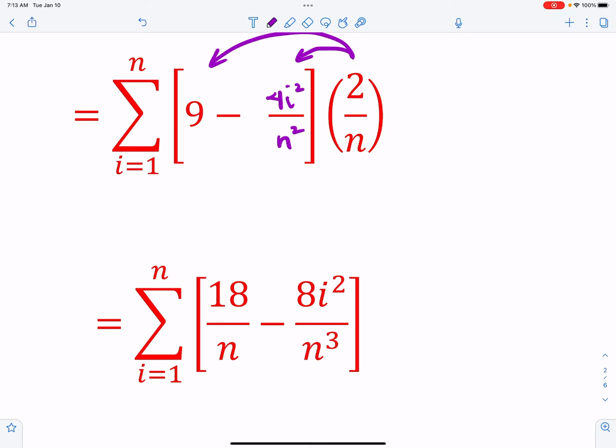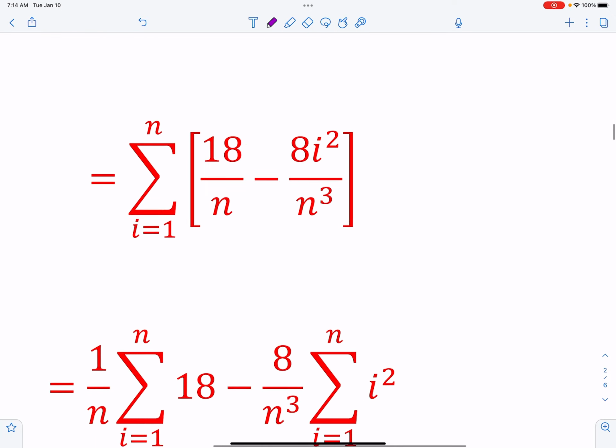So now we're going to use the fact that we have a difference here, so we can rewrite this as a difference of the sums. Also in this next step, I'm going to pull out what can be thought of as the constants, the parts with n, so that we can just use our summation formulas to rewrite the sums in sigma notation.